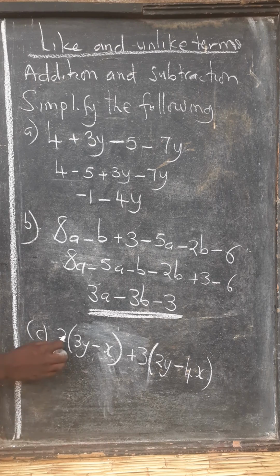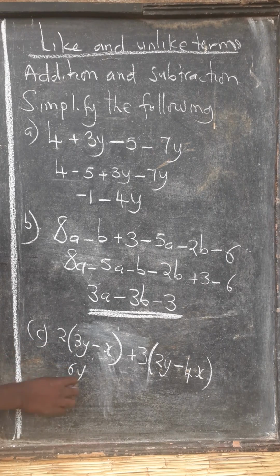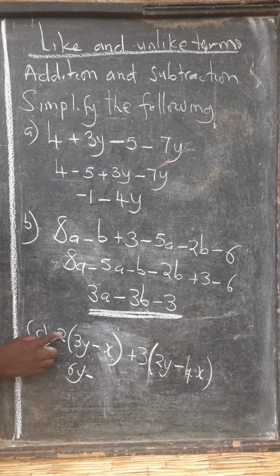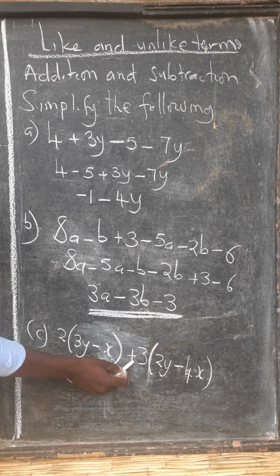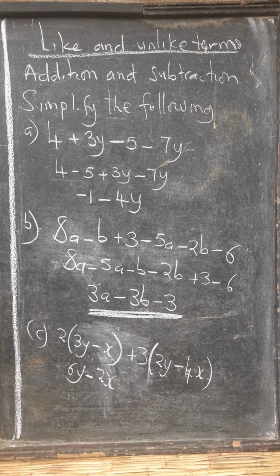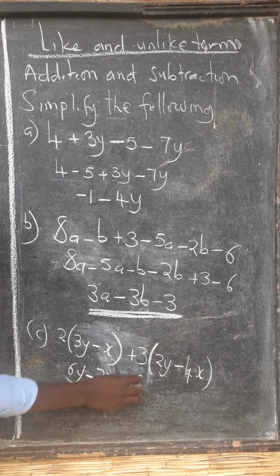So we're going to have these 2 multiplied by 3y, we're going to have 6y minus 2 multiplied by this x, we're going to have 2x. Again here, we have a positive, which is an addition sign. So we distribute this 3 into the brackets there. So that is going to give us plus 6y.